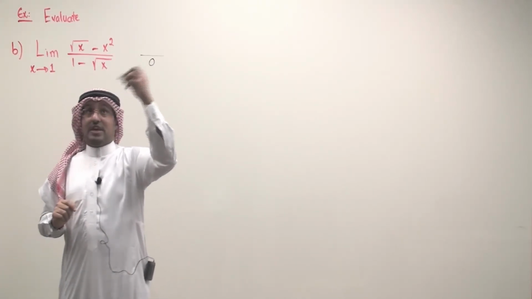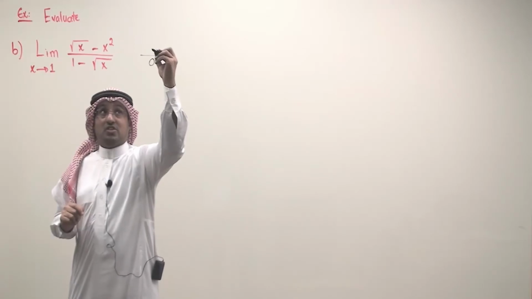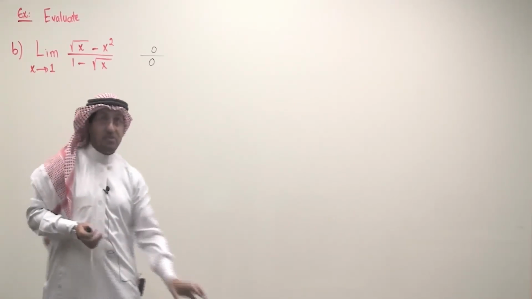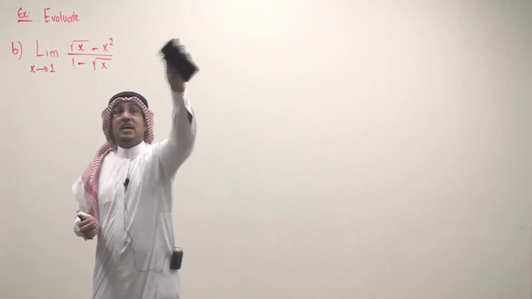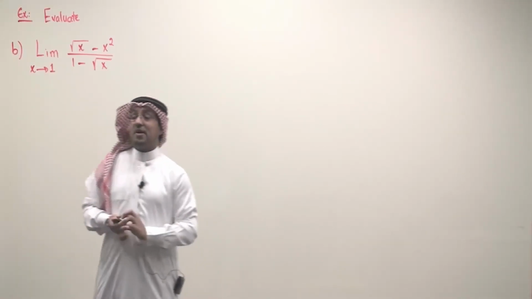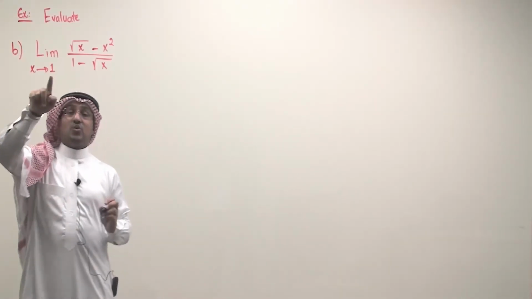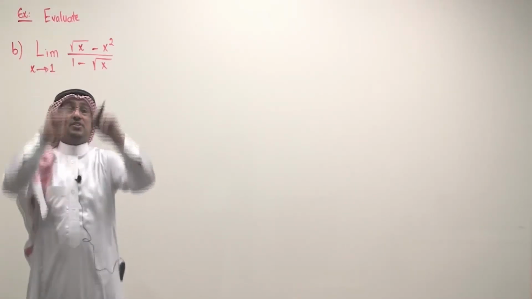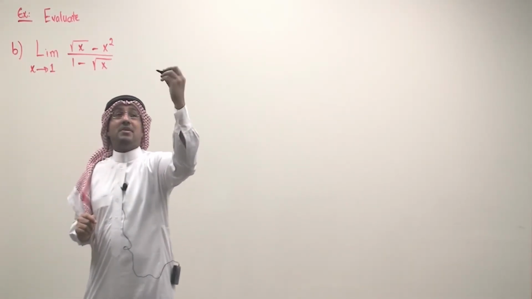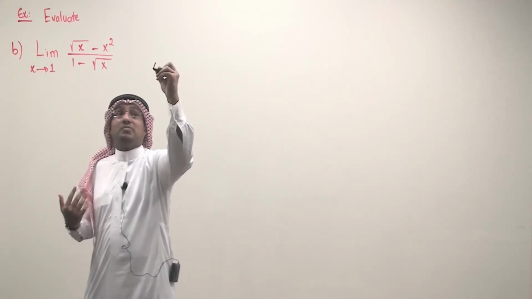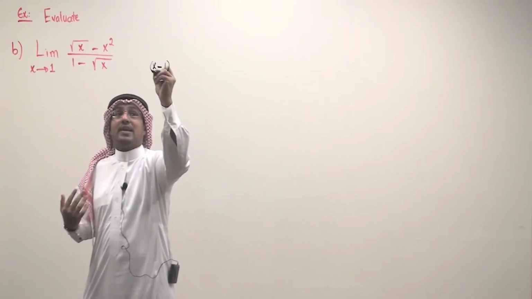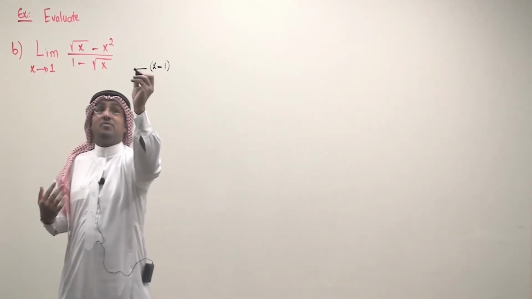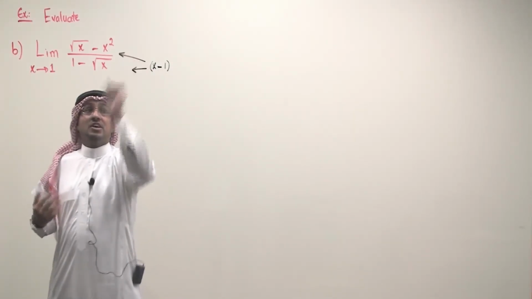And the numerator as well will be 0 minus 0. So it is of the form 0 over 0. Then, since 1 is a root for the denominator and numerator, it means I must be able to obtain x minus 1 as a factor from the denominator and numerator.